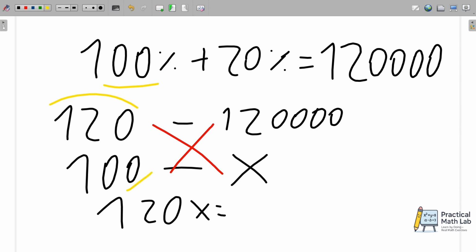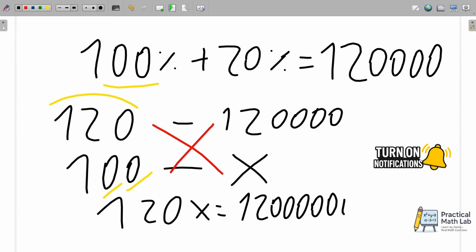How many zeros do we have? 1, 2. So it's 120,000, and now just add 2 zeros at the end. 1, 2. So what do we have now? 12 million. 120X equals 12 million.